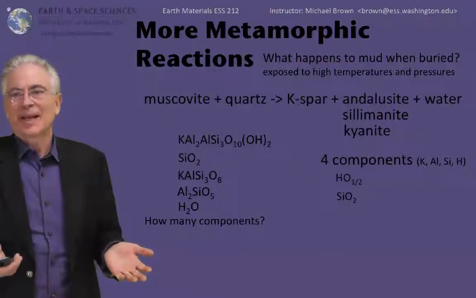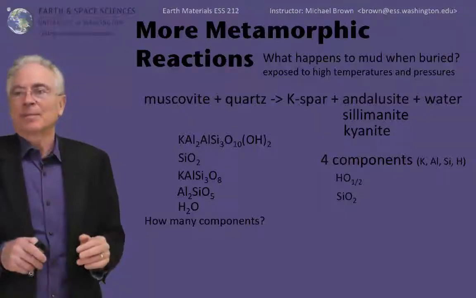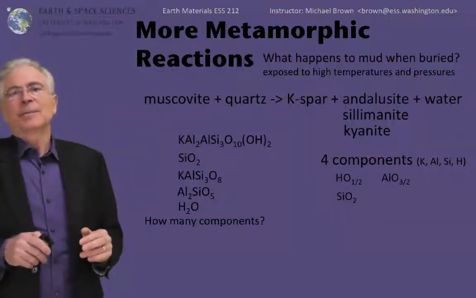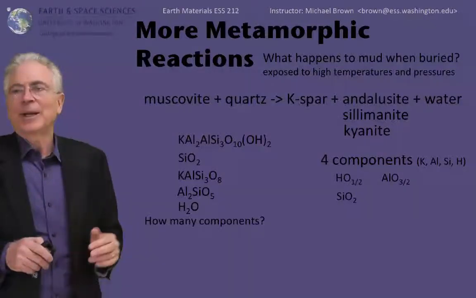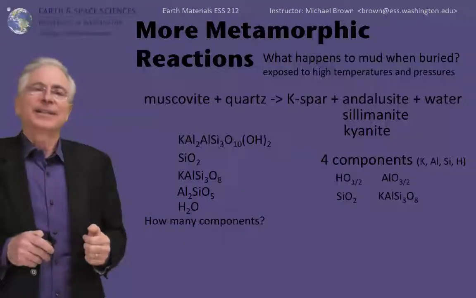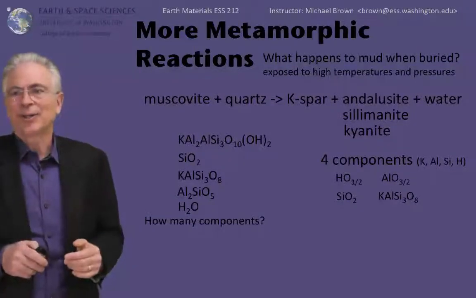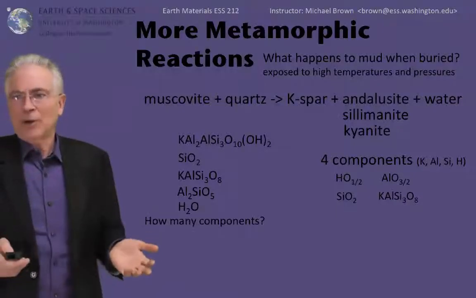The silicon, SiO2, I'll just use the standard quartz building block. For the aluminum, let's divide alumina through by 2, so we have 1 aluminum and 3/2 oxygen. And finally, here's an interesting choice. Let's use potassium in the feldspar structure.